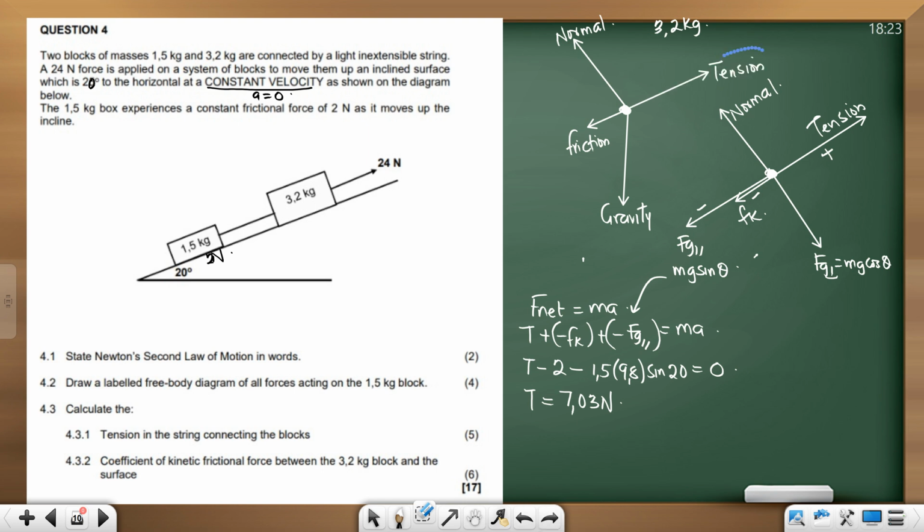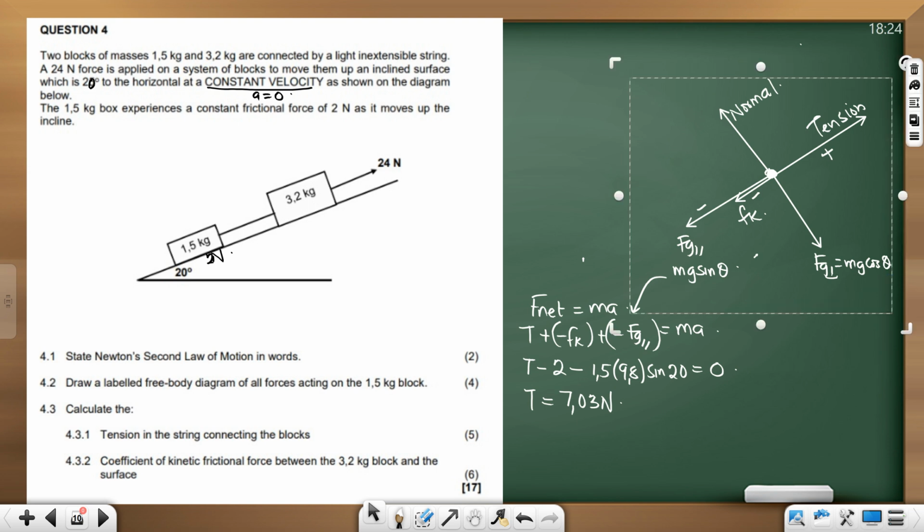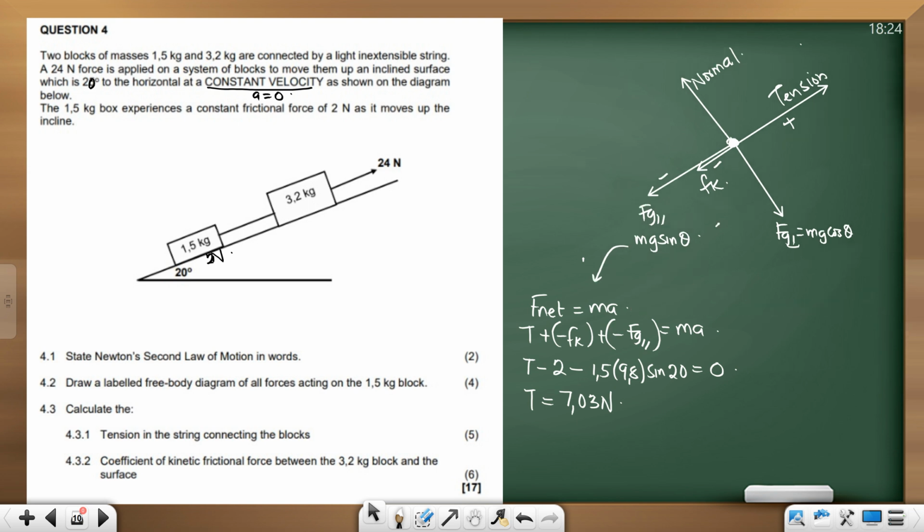This is now my force applied, which is 24 newtons, remember? I could just work with this diagram. Let's work with this one quickly.